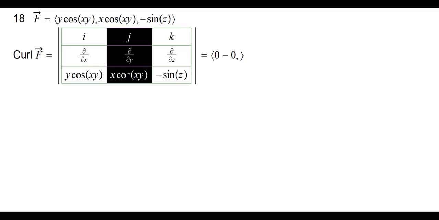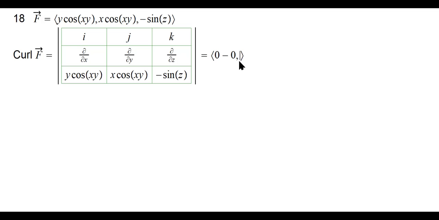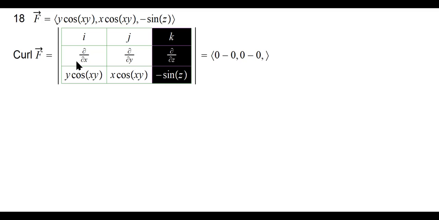So this is 0 minus 0. Let's look at this cofactor. d/dz of this is 0. d/dx of negative sine z is 0. So that is also 0 minus 0, right? And then we are going to look at the cofactor of k.